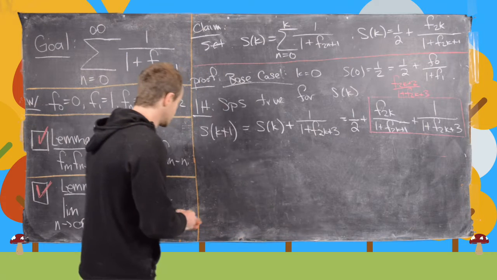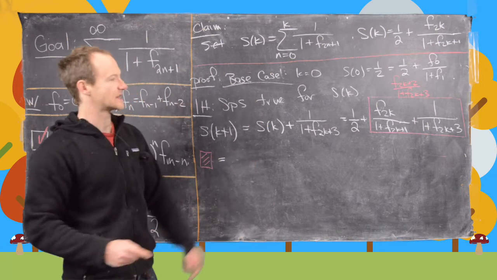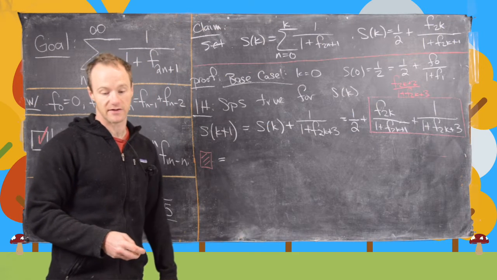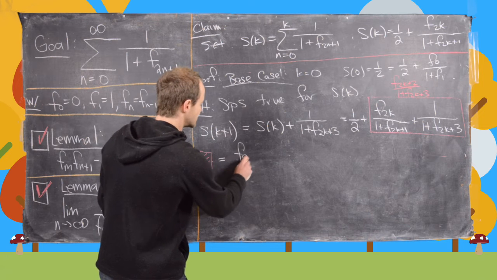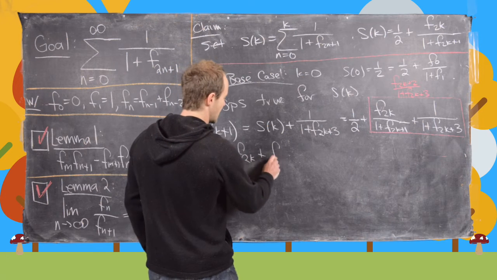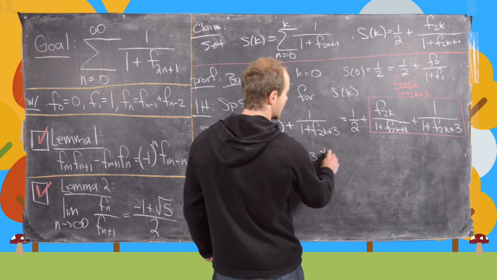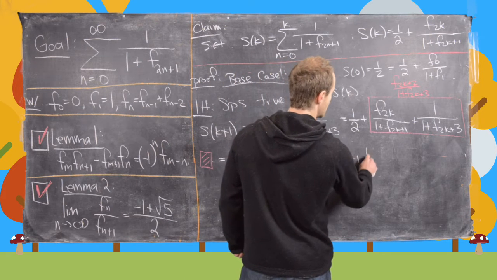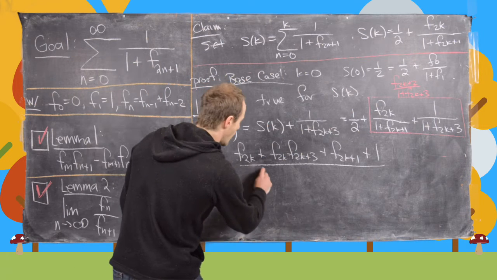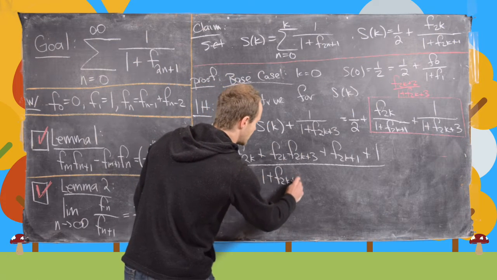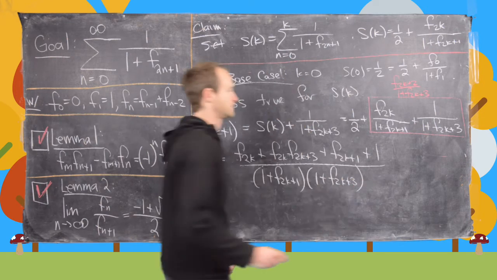Okay, so let's move this red box down here. Good, and now I'm going to find a common denominator and then add those together. Doing that, I'm going to get f sub 2k plus f sub 2k times f sub 2k plus 3 plus f sub 2k plus 1, all over 1 plus f sub 2k plus 1 plus f sub 2k plus 3.